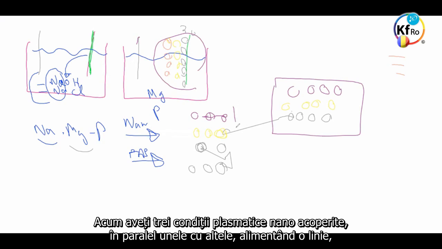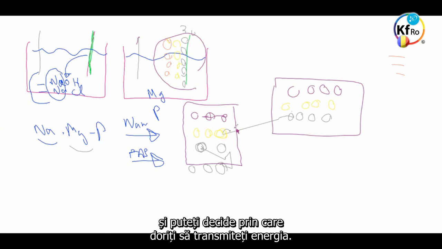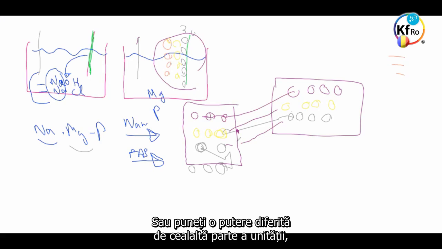Now you have 3 plasma condition nano coating in parallel with each other, feeding to one line, and you can decide which one you want to transfer energy or feed through.